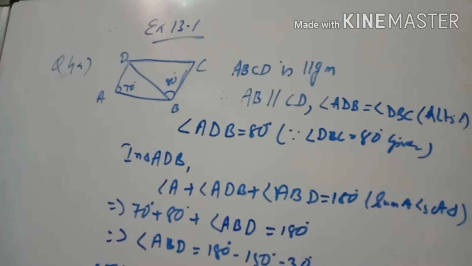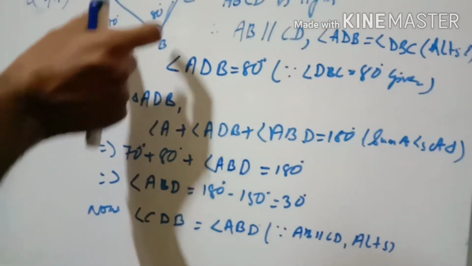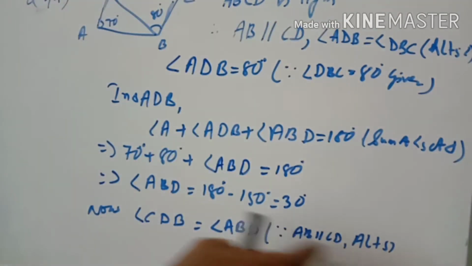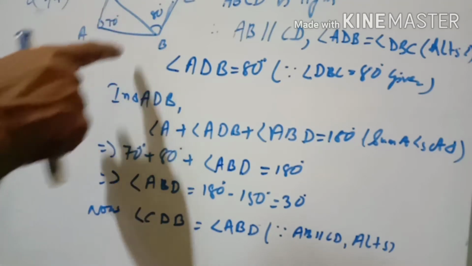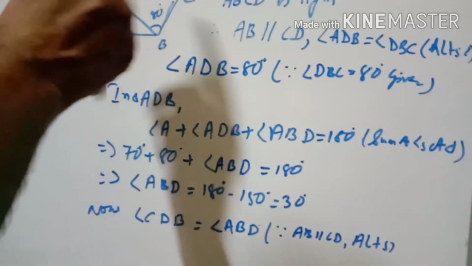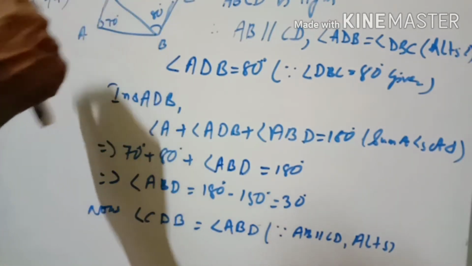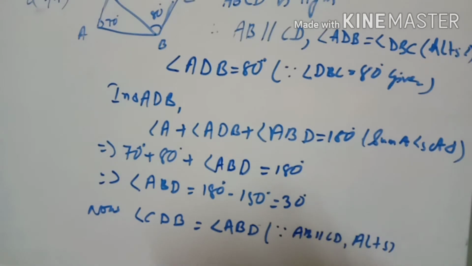Write down please. Now angle CDB equals angle ABD because AB is parallel to CD and alternate angles are equal. This angle equals this angle CDB, and CDB equals ABD. Okay, alternate angles are equal.